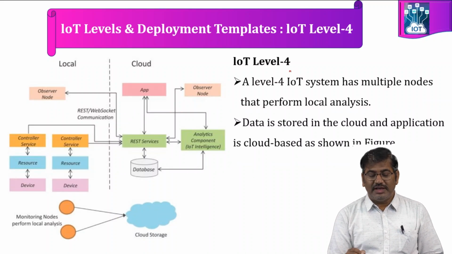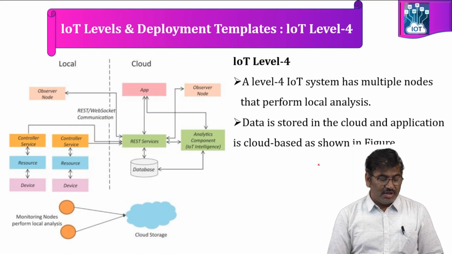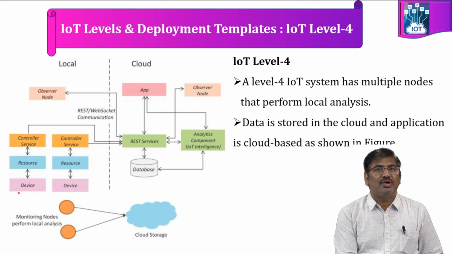Next one is IoT level 4. A level 4 IoT system has multiple nodes that perform local analysis. Data is stored in the cloud and the application is cloud based, as shown in the figure. So now here we may have more than one node.